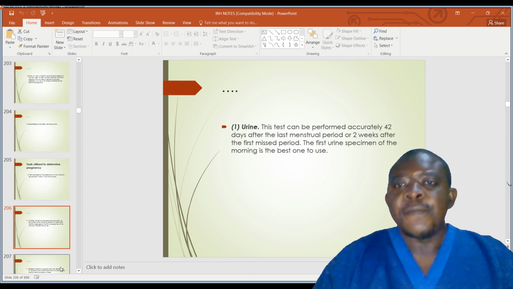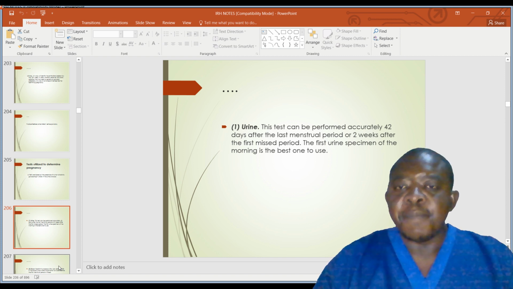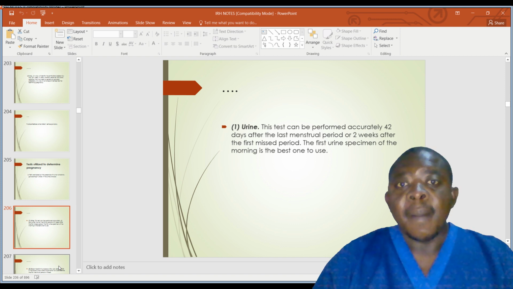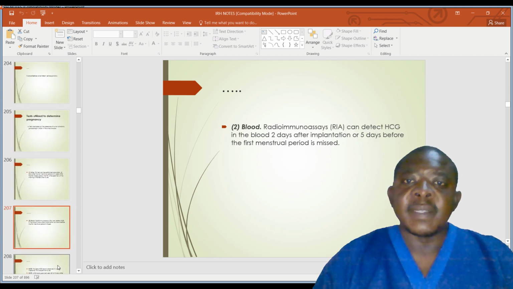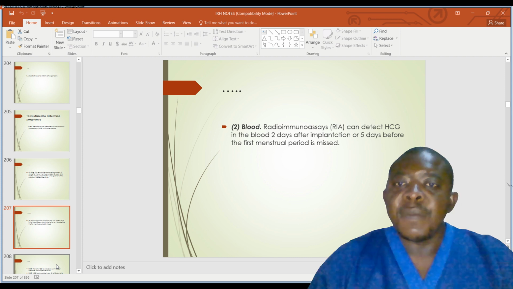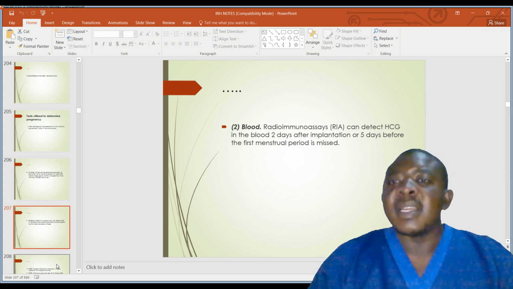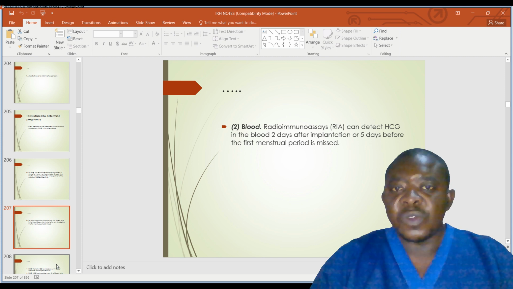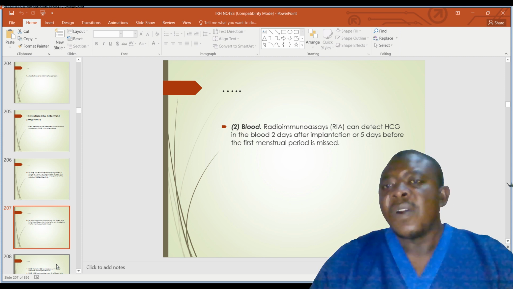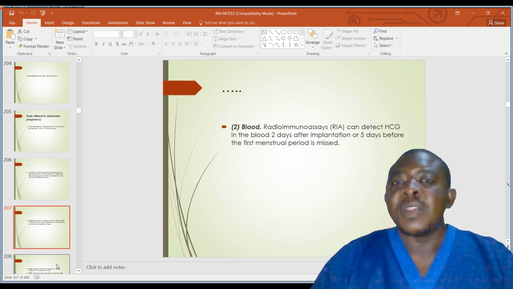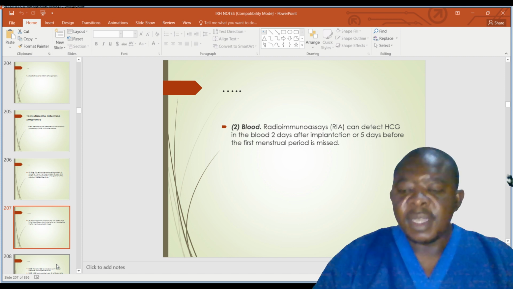The first urine specimen in the morning is the best one to get the best result. Blood. Radioimmunoassay can detect human chorionic gonadotropin in the blood 2 days after implantation or 5 days before the first menstrual period is missed.